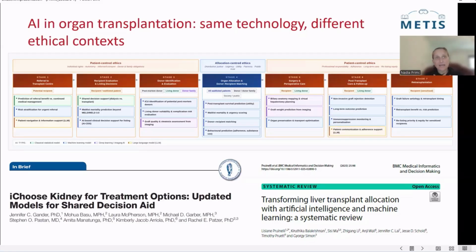And the second AI tool that I want to briefly mention are machine learning models that are used to rank patients on the transplantation waiting list, so who decide who receives the next available organ. So here we are at stage 4, the organ allocation stage.